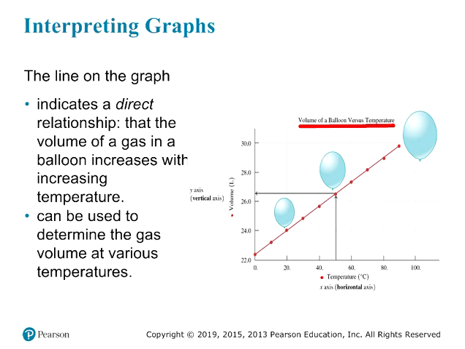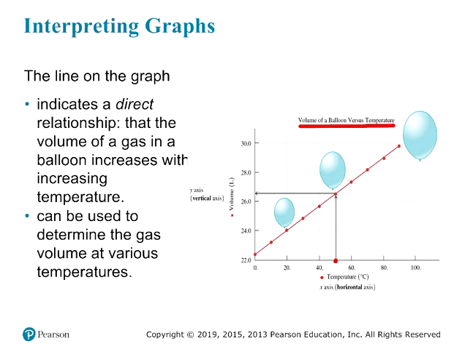So once we have our data plotted, we can also use that data to figure out what the volume of the balloon is at various temperatures. So let's say we want to figure out what the volume of a balloon is at, I don't know, let's say, well, it looks like 50 degrees Celsius here.